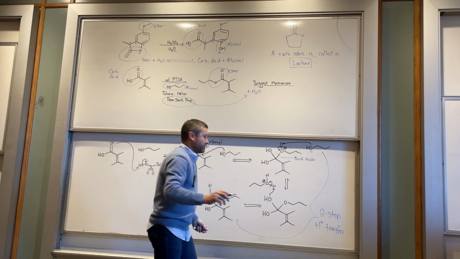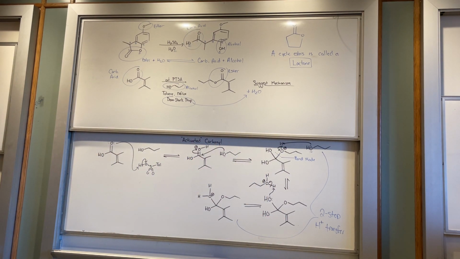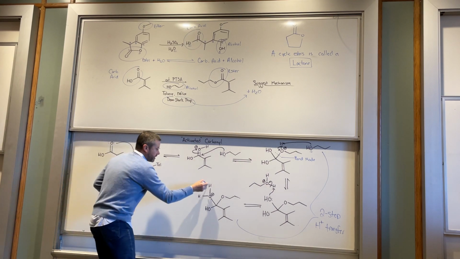All of that is just a two-step proton transfer: removing the proton from the group that we just added, and putting that proton on the group that we want to push out as a leaving group. So now our water becomes the leaving group.